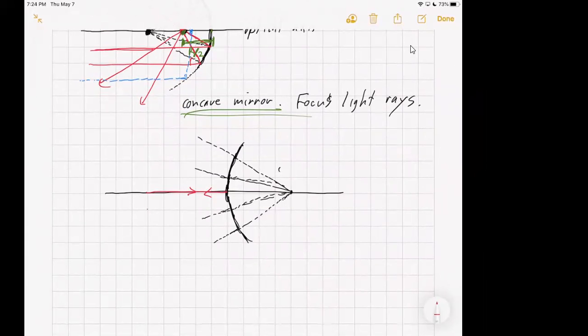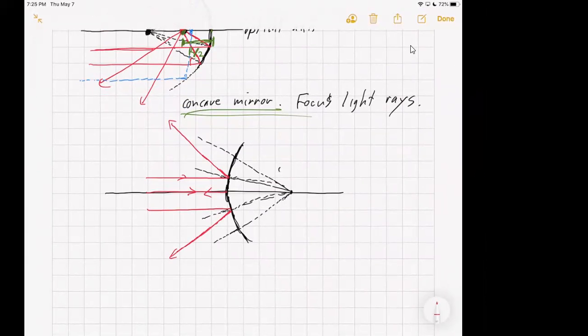But if you had a light ray hitting the mirror there, the angle of reflection is the same as the angle of incidence, and it does something like that. The same thing would happen up here. This is coming in parallel to the optical axis, so it's as if it's coming from infinitely far away. It would reflect something like that.